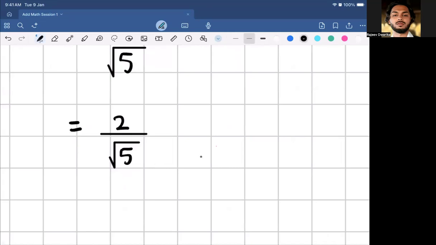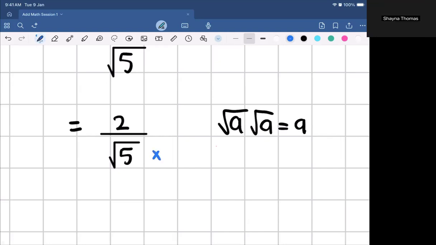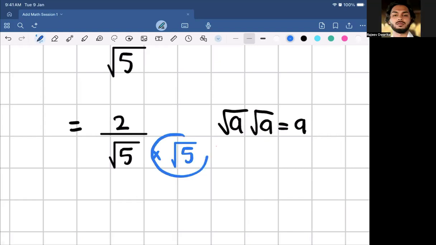So what rule would allow us to just get 5? Think back to the rule. Root A by root A is equal to A. So what do you think I should multiply by? Root 5. And if I multiply by root 5 in the denominator, where should I also do it? In the numerator.